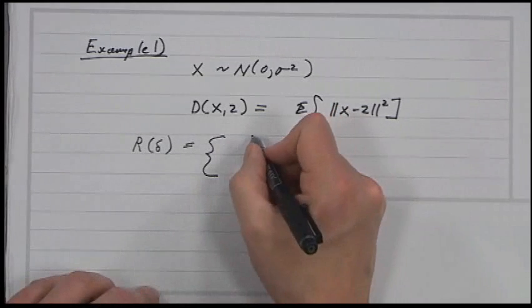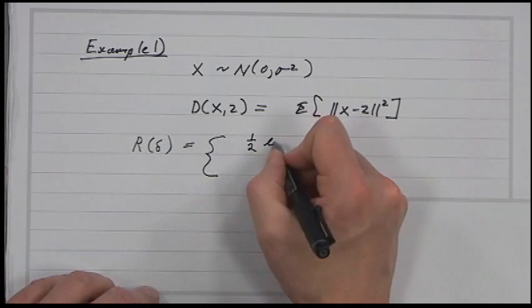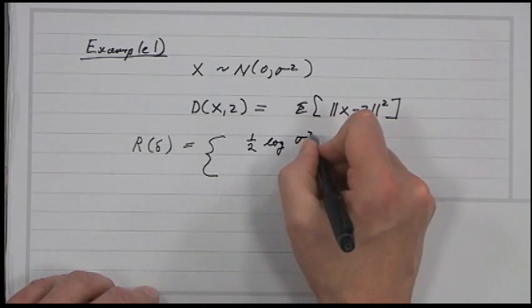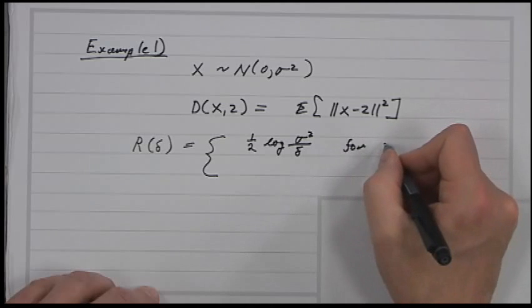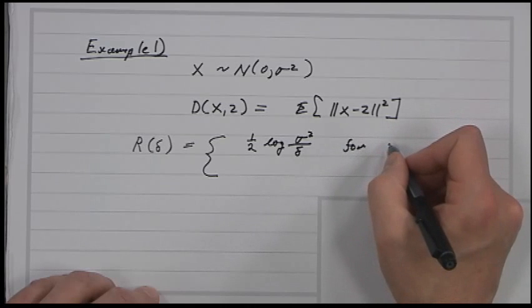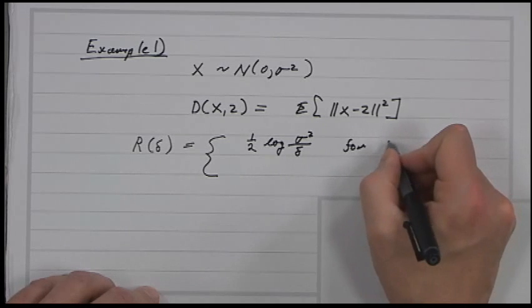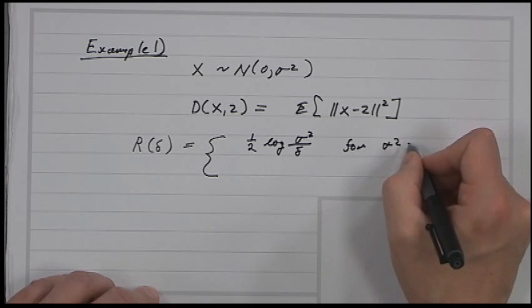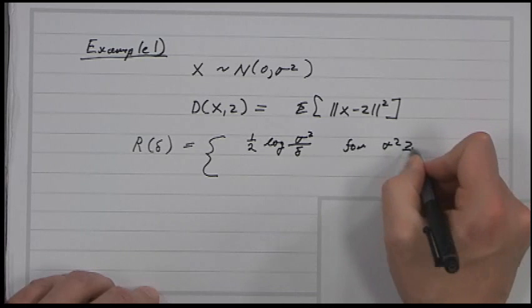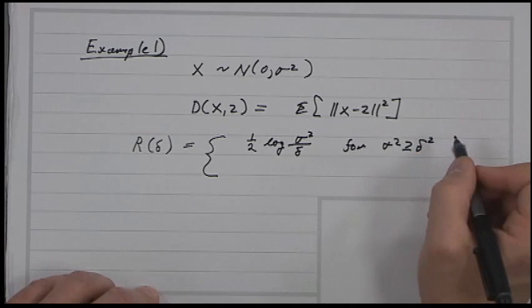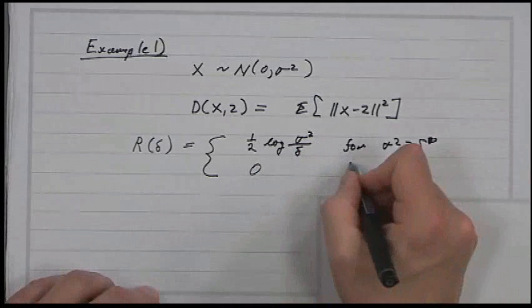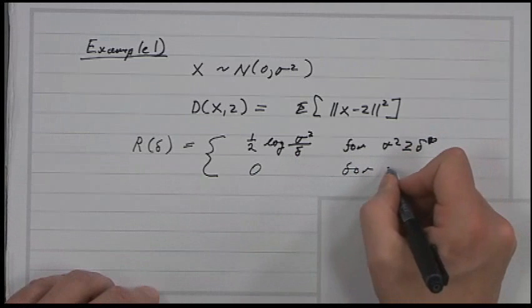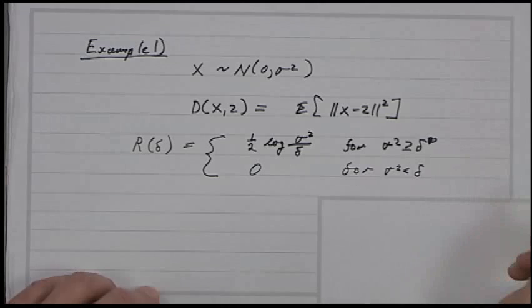It's 1/2 log sigma squared over delta for sigma squared greater than or equal to delta, and it's 0 for sigma squared less than delta. Okay?